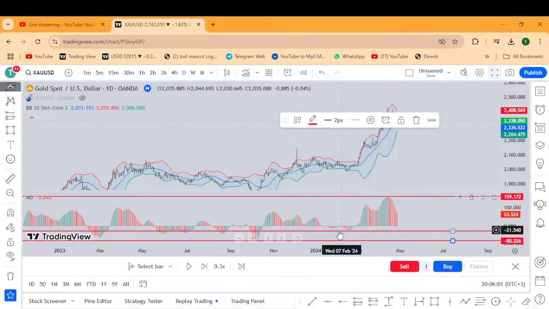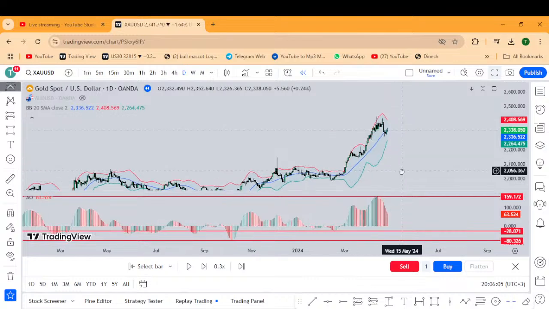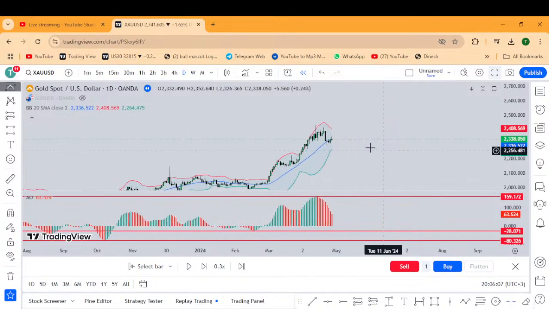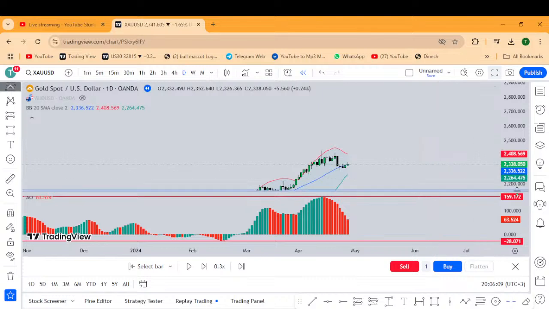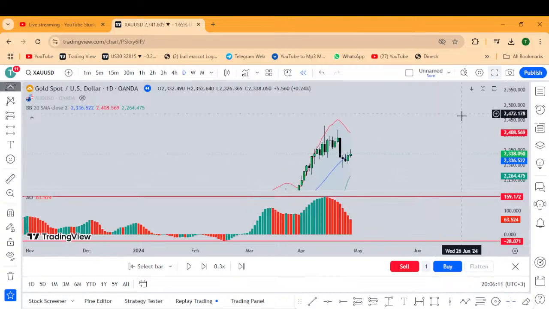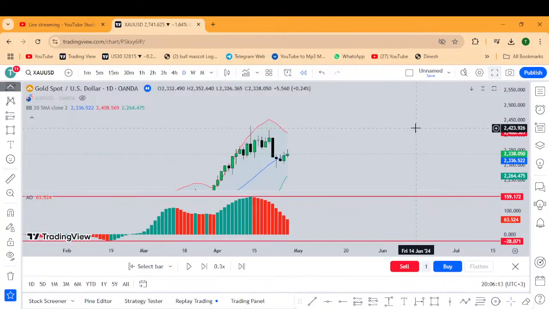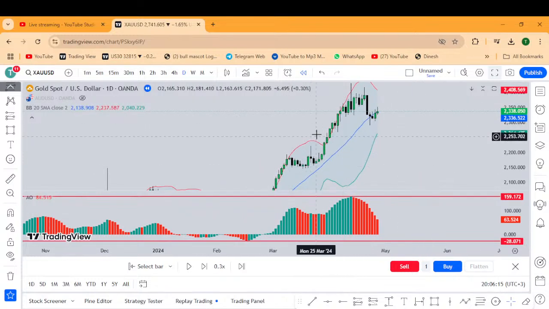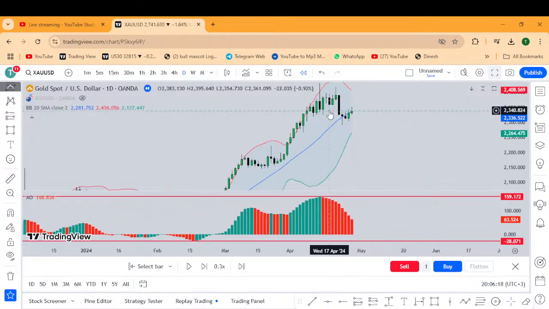So now what happens if I'm trading? This is now gold, and we have the market. This is an uptrending market, first of all. We have this upper line, we have this middle line, and then we have this downer line.